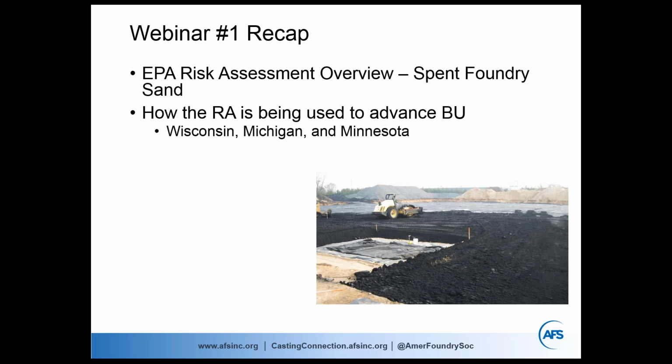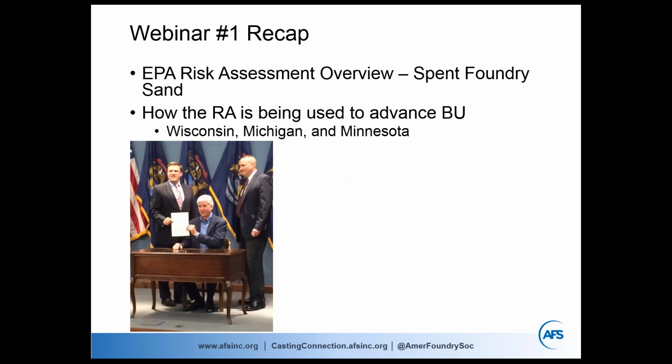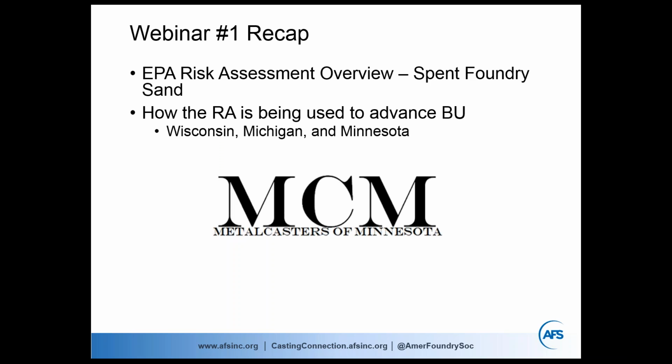Wisconsin, a state with an already well-established beneficial use program, and how the risk assessment might even help make a good program better. We heard from Michigan, a state who recently had success in getting a beneficial use rule passed, and the EPA risk assessment was the leverage needed to push it through.